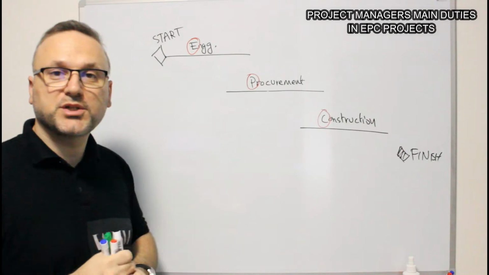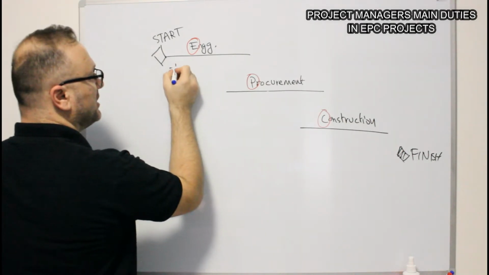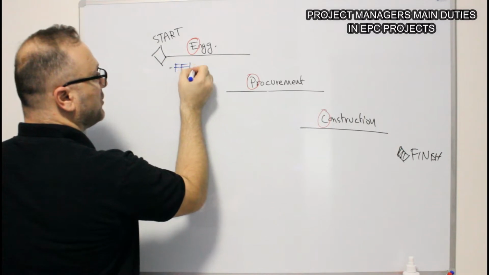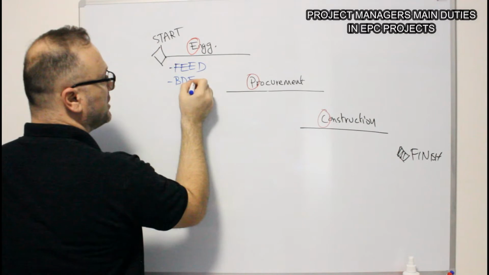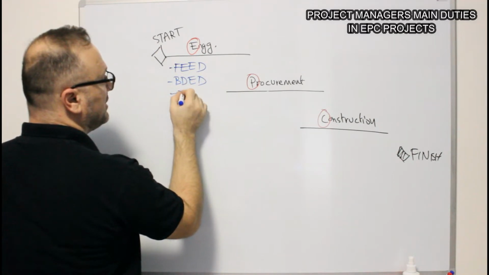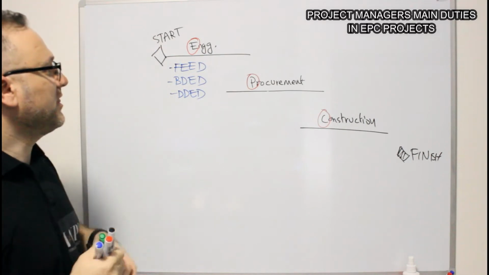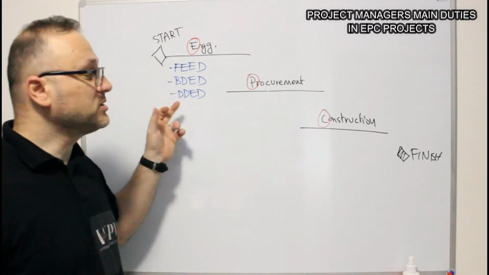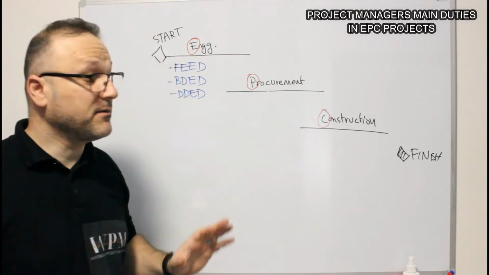The first phase is the engineering phase. I will mention here the front-end engineering documents, the basic design engineering documents, the detailed design engineering documents. Those are the main documents which are covered under the engineering.